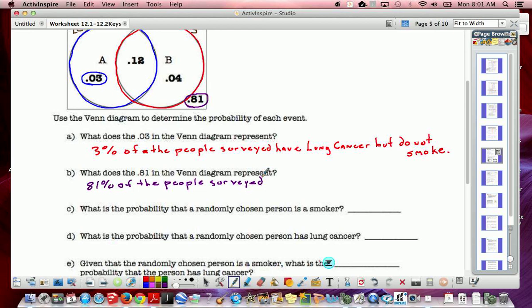Since they're outside, that means they don't have lung cancer and they do not smoke. So it's both of those. So 81% of the people surveyed do not have lung cancer and do not smoke.